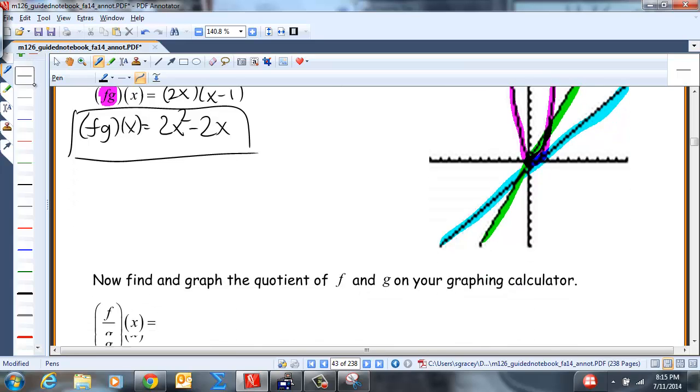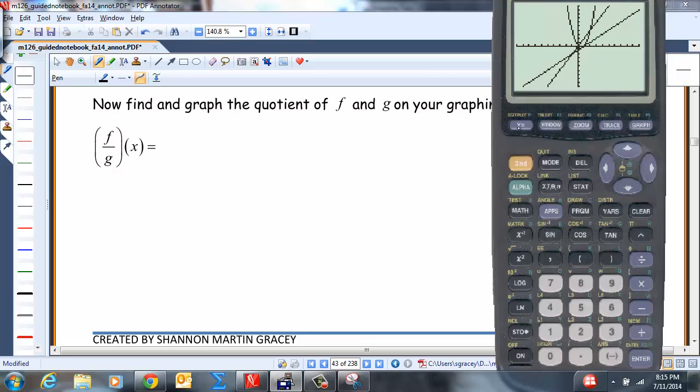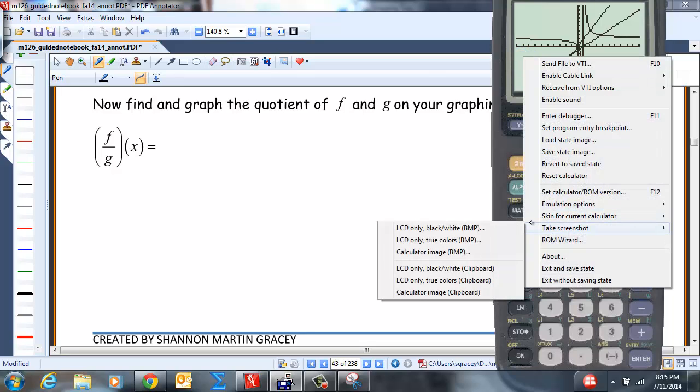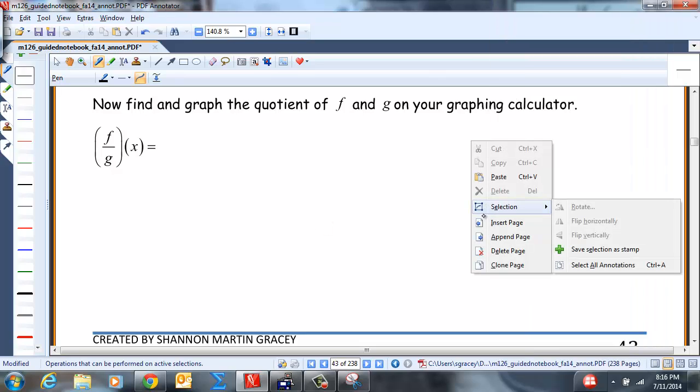So the quotient is, we can go to our y equals screen and just change the operation here to divided by, and then graph it. And so that straight line that you saw represents a vertical asymptote, which we'll be learning more about.